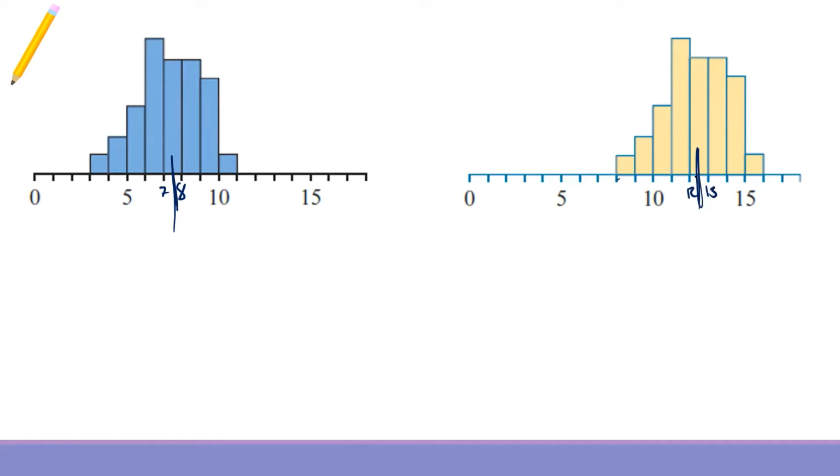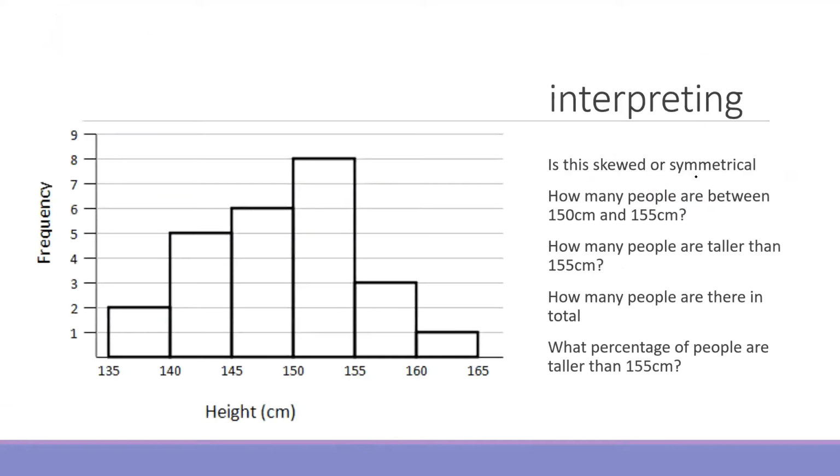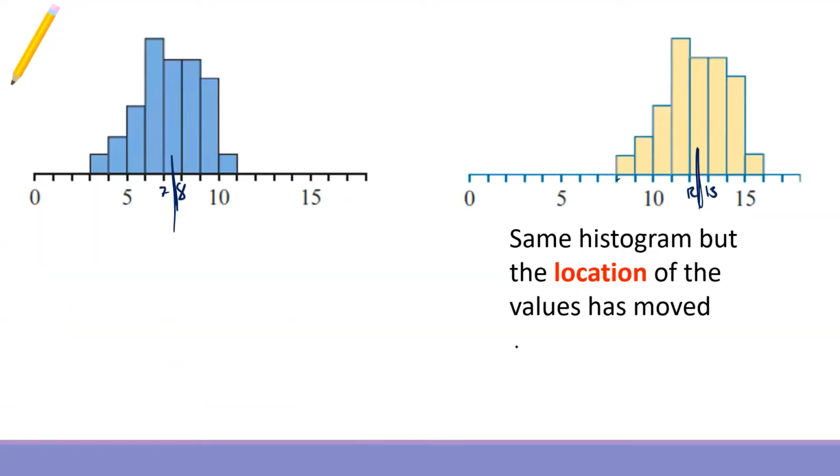This is the last way to talk about the information you can extract from a histogram, and that is to refer to the location. These two graphs are the same histogram, but the location of the values has moved. Sometimes people refer to this as the center. That's another way you can refer to it: the center has moved. Where is the center of the graph?